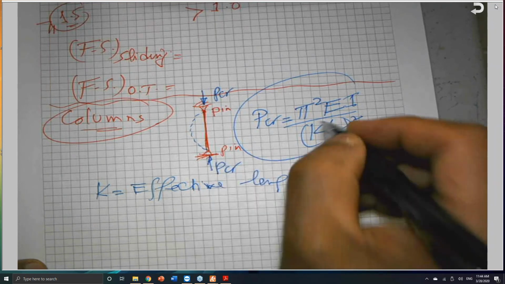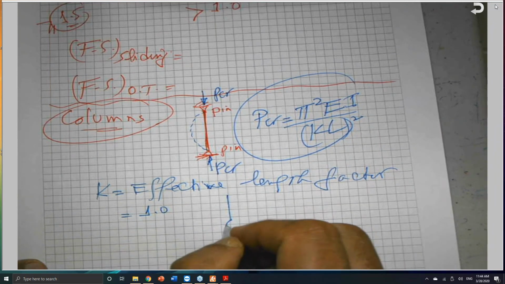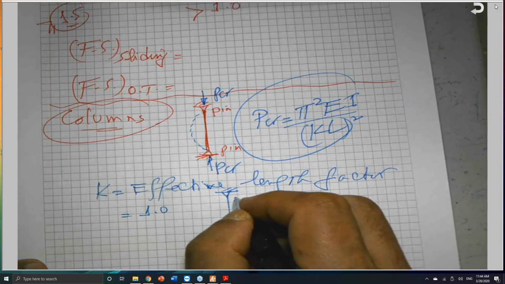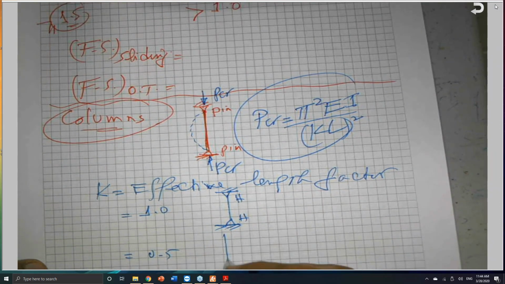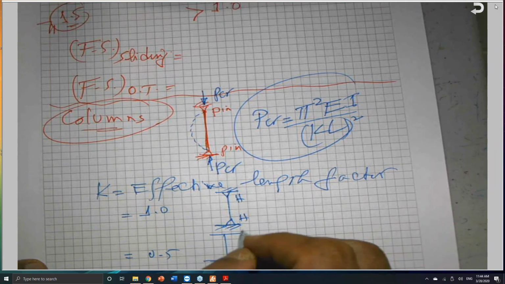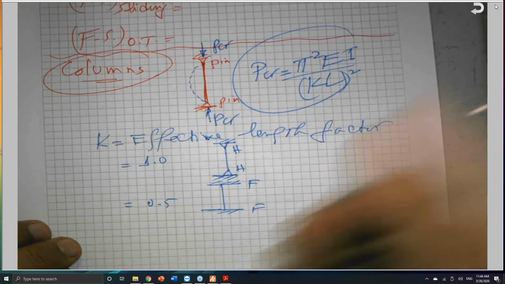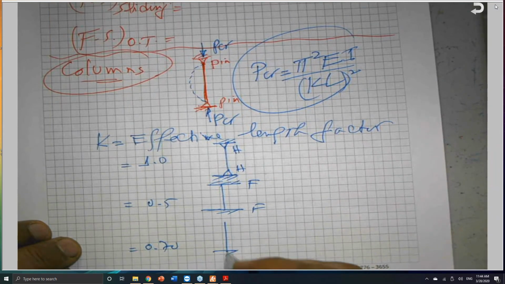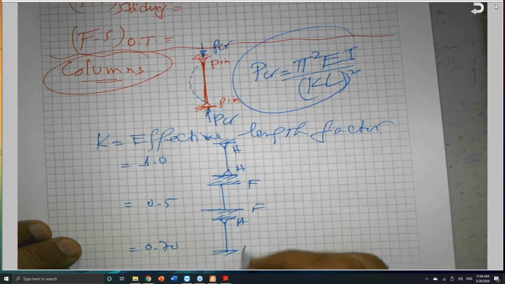For example, K is equal to 1 for a column that has a hinge or pin at both ends, HH. K is equal to 0.5 if both ends are completely fixed, called FF, and K is equal to 0.7 if one end is fixed and the other end is hinged, so this is HF.